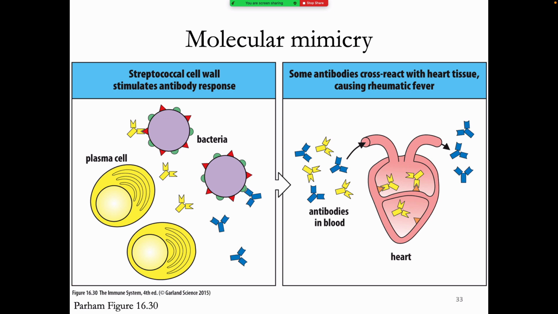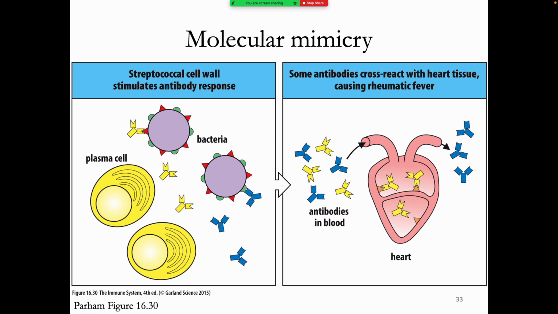Individuals make antibodies against antigens on the cell wall of that type of streptococcus. One of those antibodies actually cross-reacts with an antigen that's in the heart, which you can see here, leading to damage to heart muscle. And this actually causes a disease known as rheumatic fever.